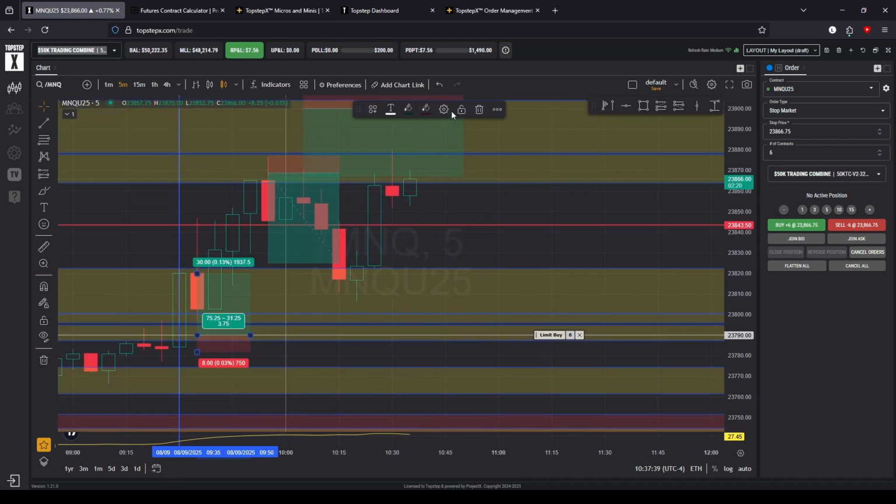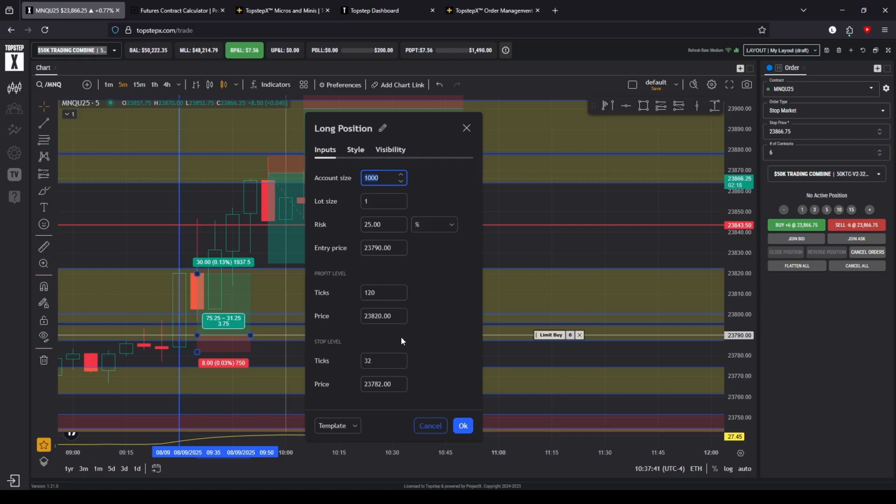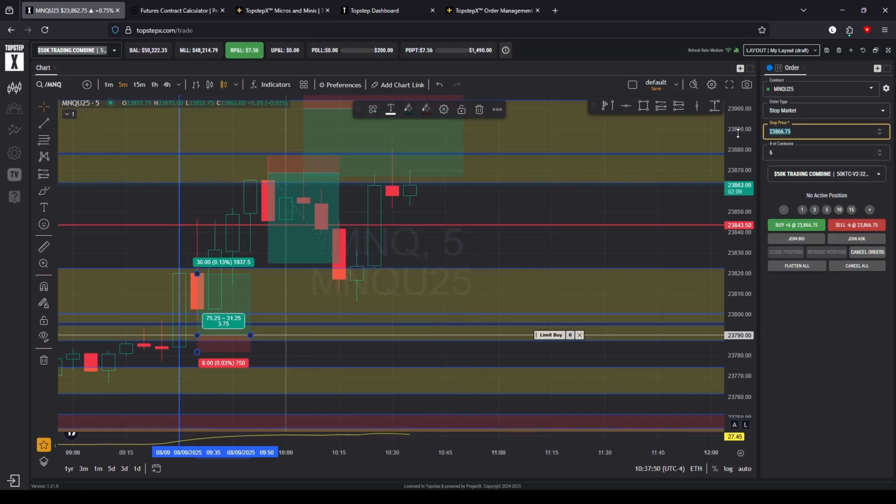So I have my limit buy there, and then my stop level is here. Stop market here, and so I guess it would be sell all. So if I'm buying here, then I would sell here.